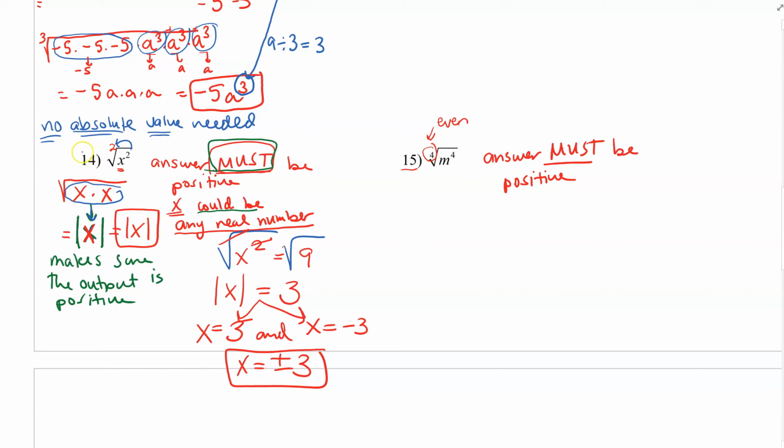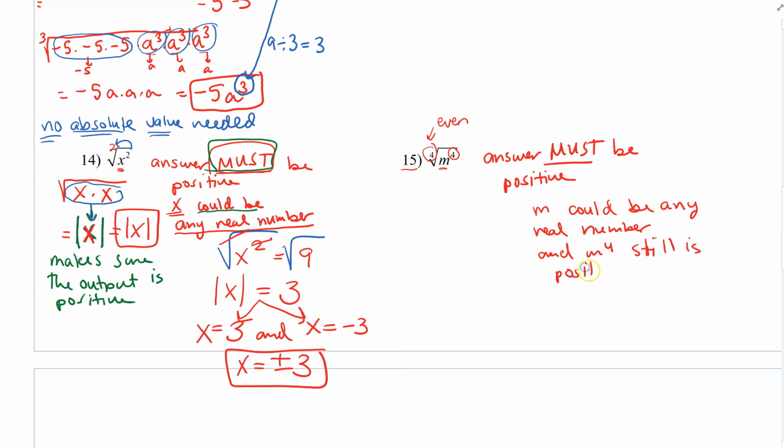And like number 14, this m, right, the m could be any real number because it's a variable. So it could be any real number. It's allowed to vary, and it's being raised to an even power. So m could be any real number, and m to the fourth would still be positive.